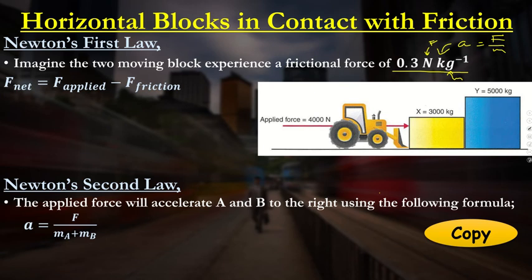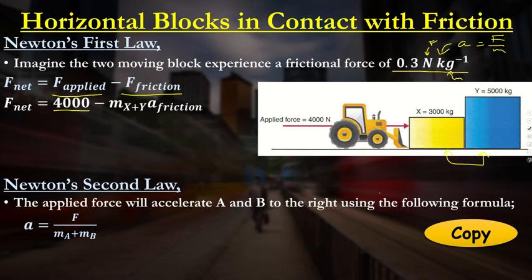If I want to look at the net force applied to these two blocks, it's the force you've applied to it minus the friction on the road. So the force we've applied is 4,000. The frictional force is the mass of object X and Y times our frictional force here.